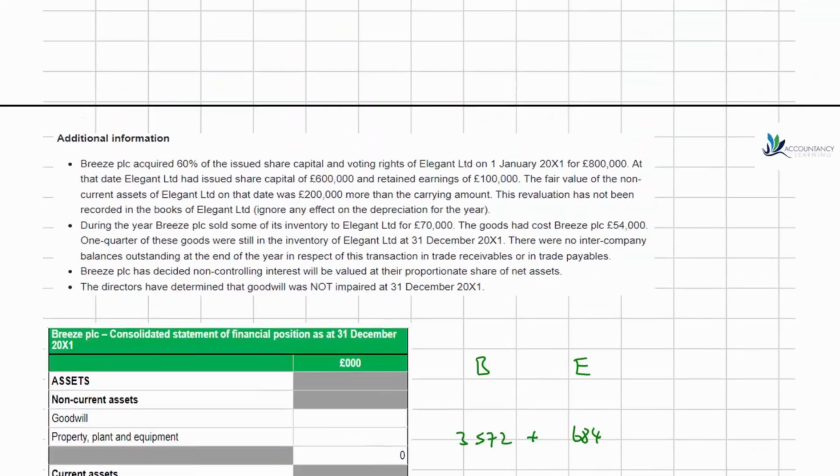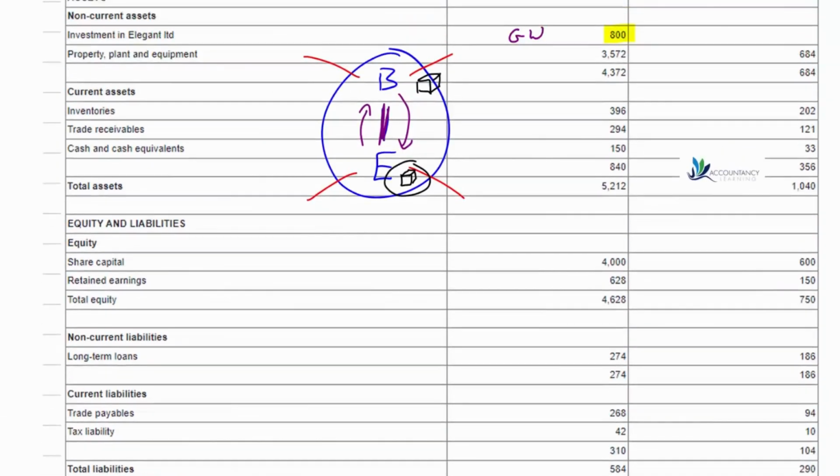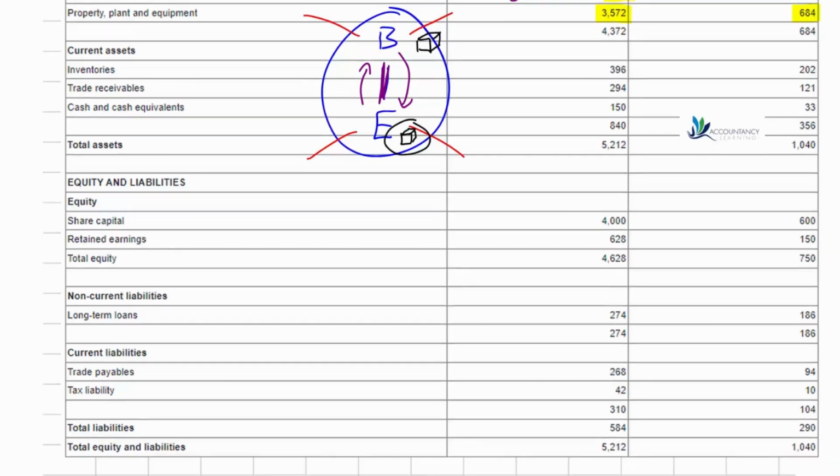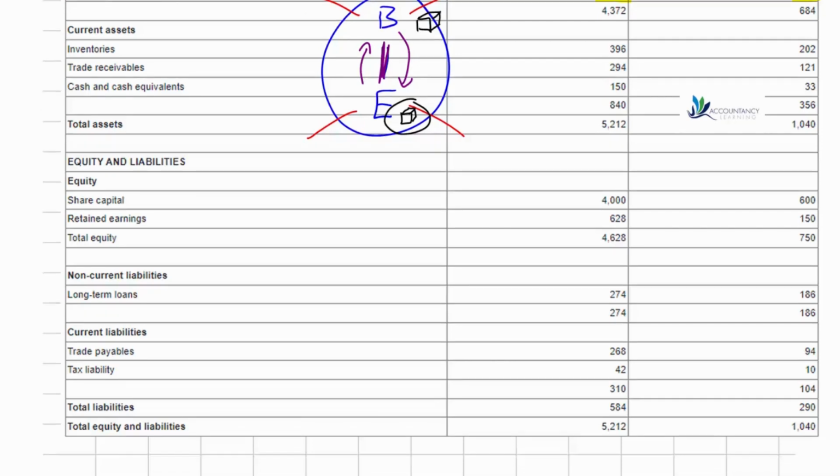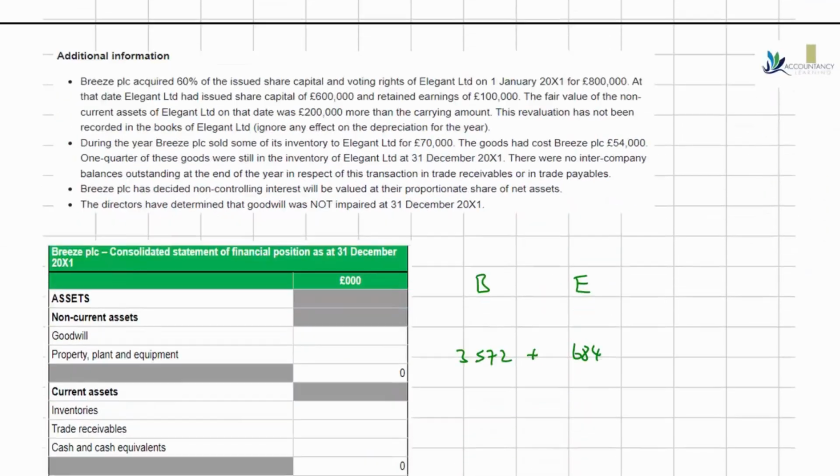Okay, so we've put those two numbers into our answer, so we can highlight them now. We've got some totals as well, but I don't need to worry about that. We also have some inventories, and the same applies for the inventories. These are assets that we control either directly or indirectly, so these two numbers can go into our answer on our scrap paper.